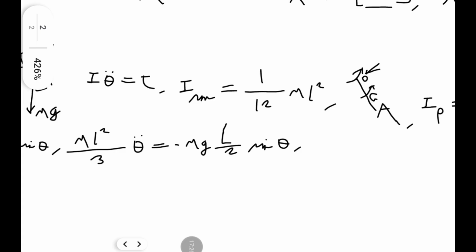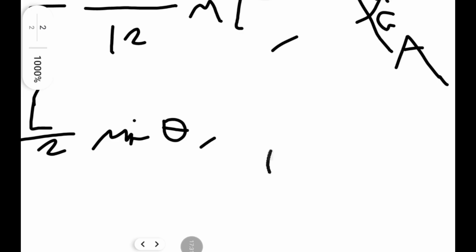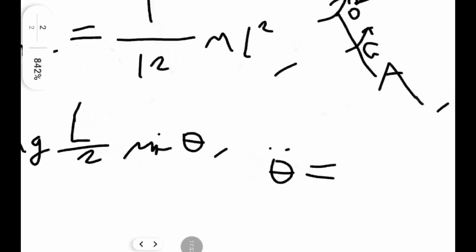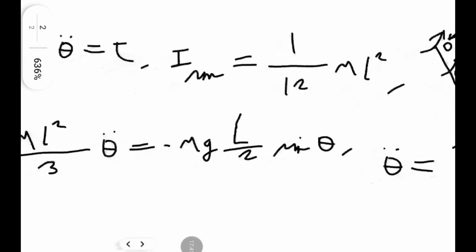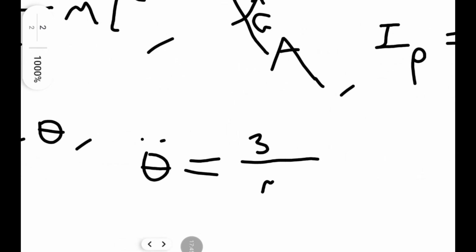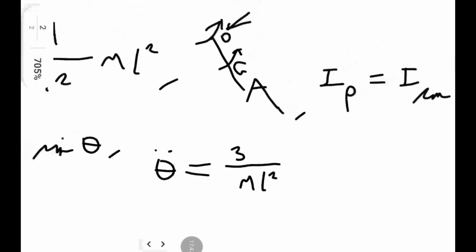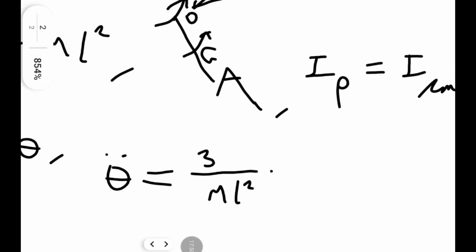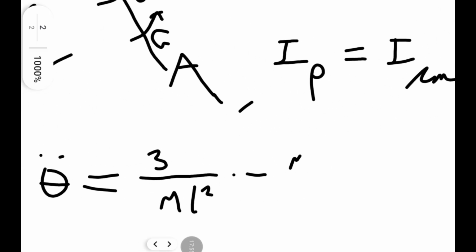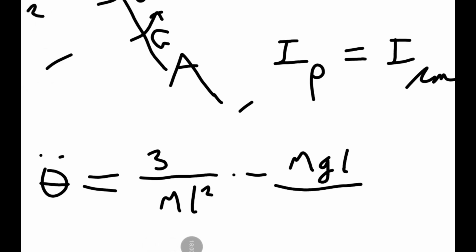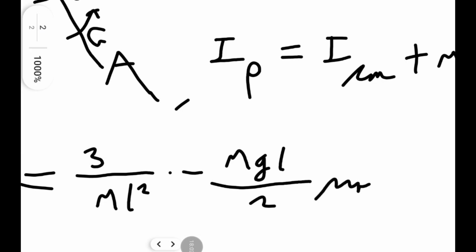We're going to divide both sides by ml squared over 3. So theta dash dash is equal to 3 over ml squared, times minus mg L over 2 sine of theta.